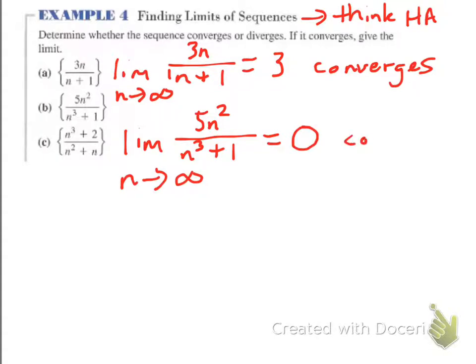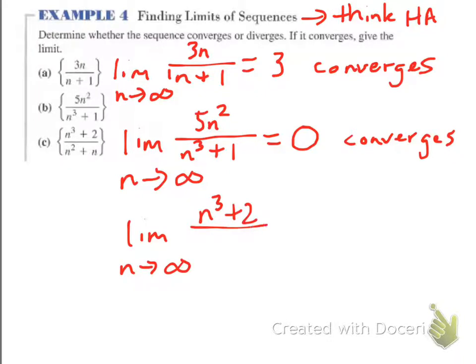Since the limit is 0, that's a value, so it converges. For the third one, the limit as n approaches infinity of n to the third plus 2 over n squared plus n. This time the degree on top is bigger than the degree on the bottom, so the limit is infinity. Whenever the limit is infinity, the sequence diverges.